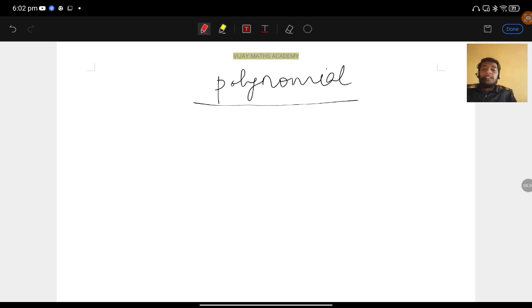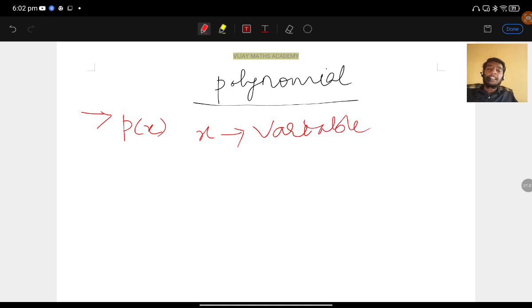Polynomial is denoted by p of x, polynomial in terms of x. What is x here? x will be the variable.